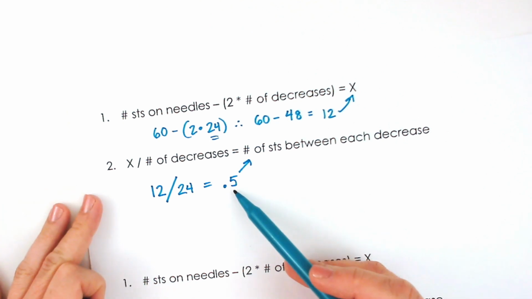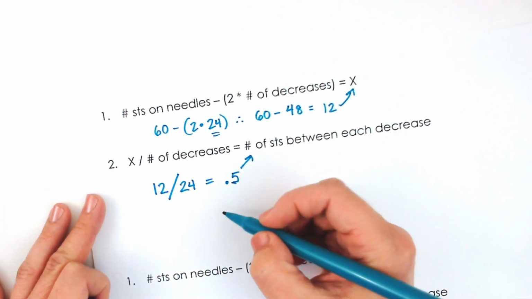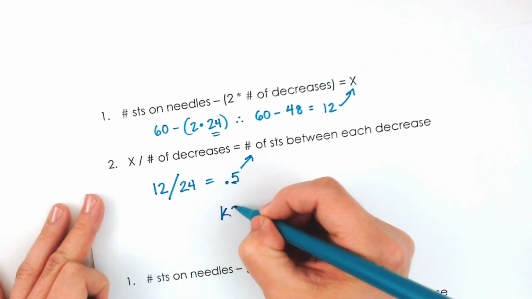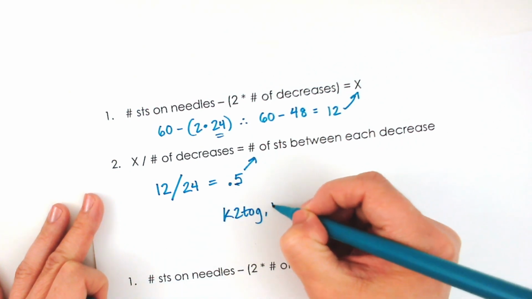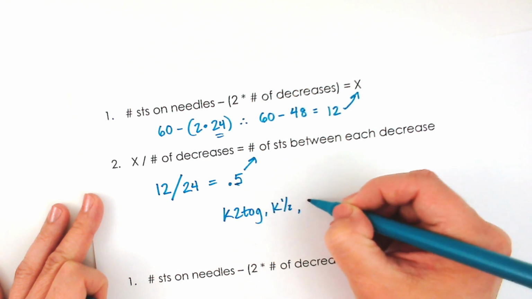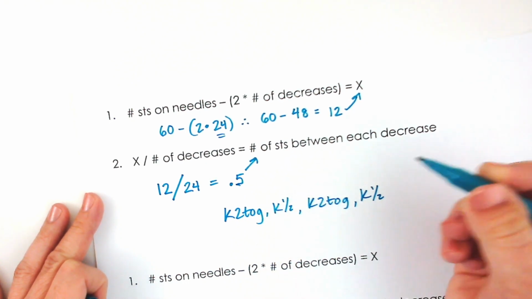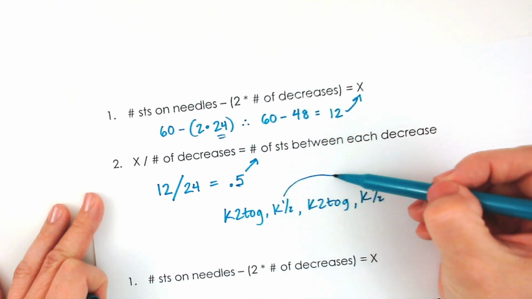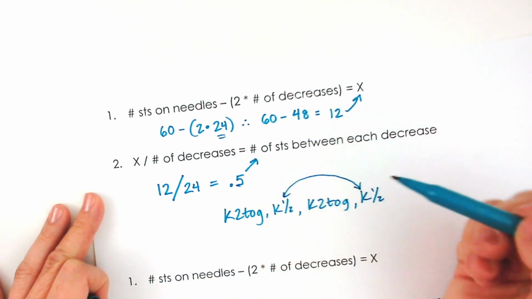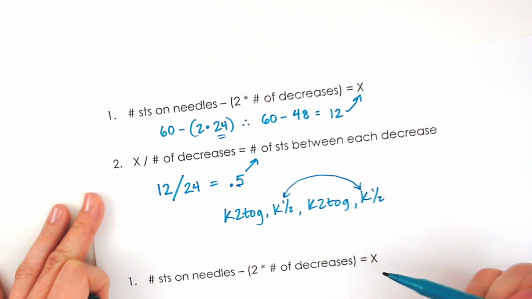So what we're going to do here is actually look at this half, and if we were to take a knit 2 together and then knit 1 half, knit 2 together, knit 1 half, what we have here is a whole stitch if we take these 2 halves.